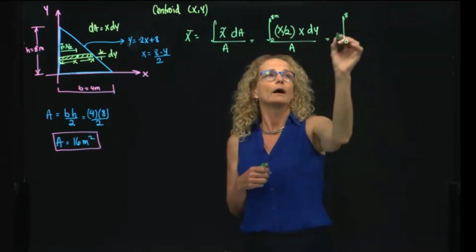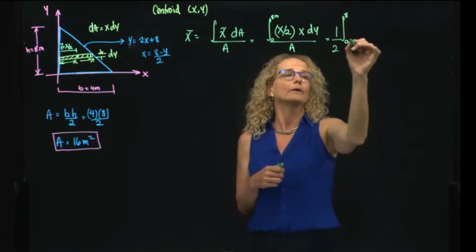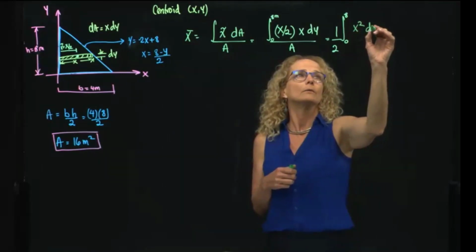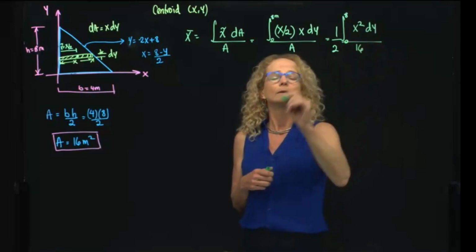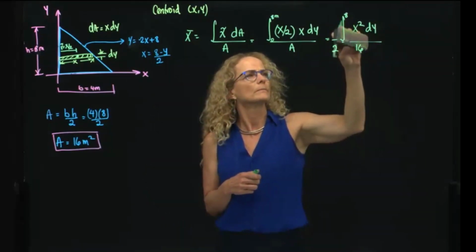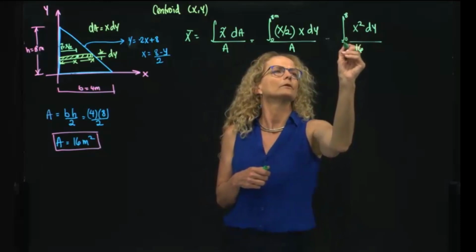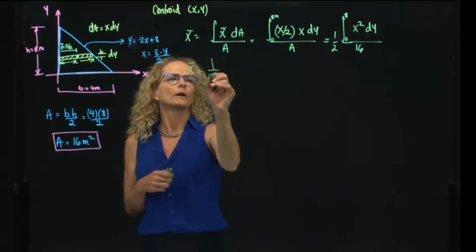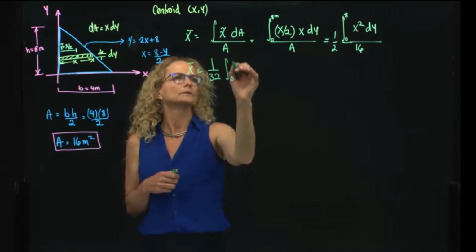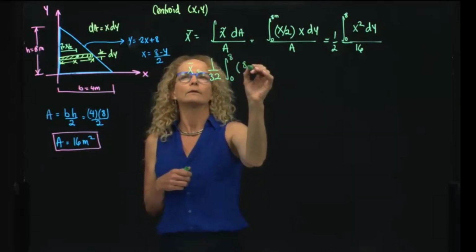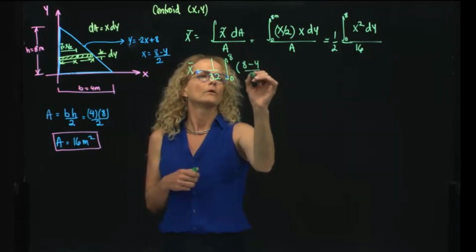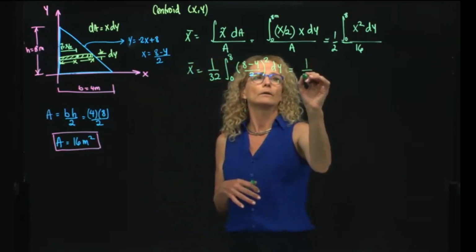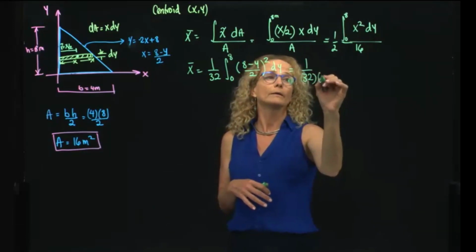I can have the 1/2 outside, and the area, of course, is 16, we already know, and then we have x squared dy divided by 16. So let me write that a little bit better. This will be 1/2 times 1/32, and my integral is from 0 to 8 of (8 minus y) over 2, squared, dy. Then I can say this is 1/32 times 1/4, right?